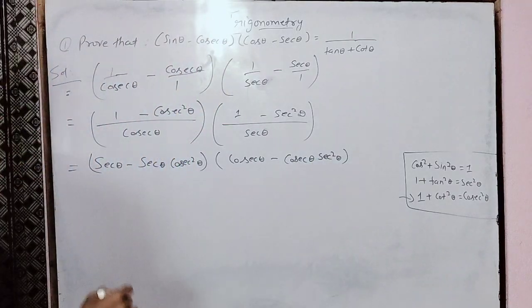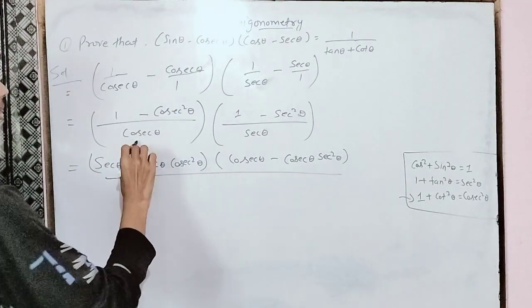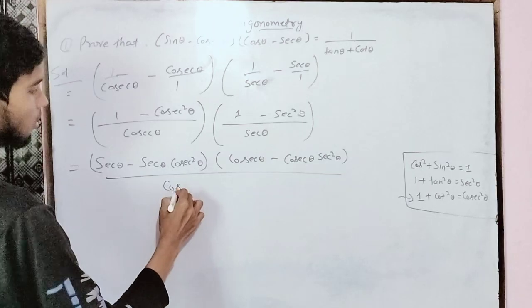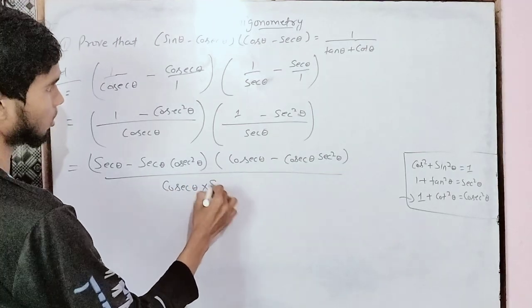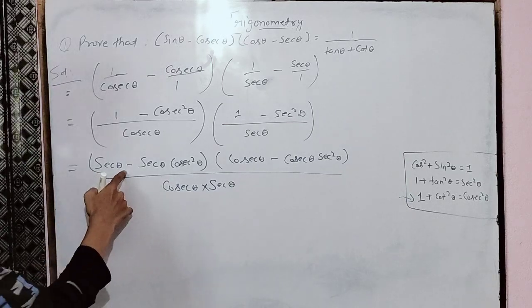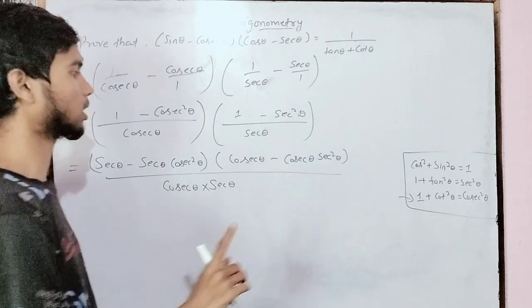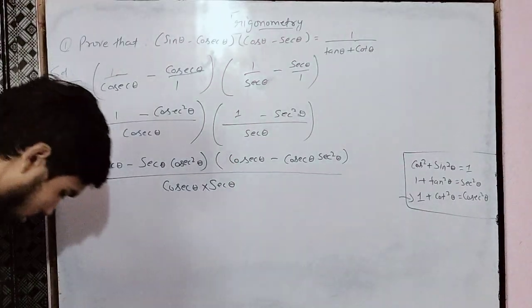Clear? This is what we are getting. And in the denominator, this multiplied by this, cosec theta into sec theta. Clear? Now here in this bracket we have one thing common, which is sec theta, and in this one, cosec theta.